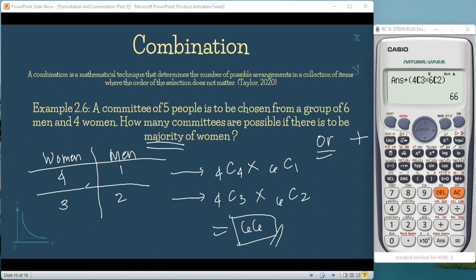Kasi po dito yung combination po ng 4 women and 1 man. So, ibig sabihin po kapag and, yun po yung gagamitin natin. Gagamit po tayo ng multiplication symbol. Ganon din po dito. The combination of 3 women and 2 men. So, yun po, my dear students, yung pinagkaiba ng or and and.